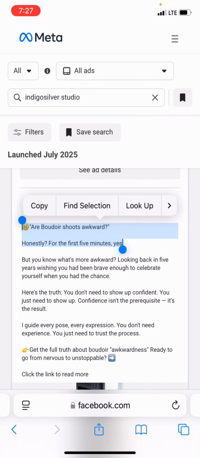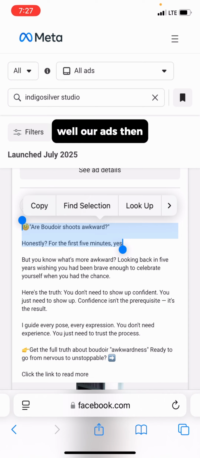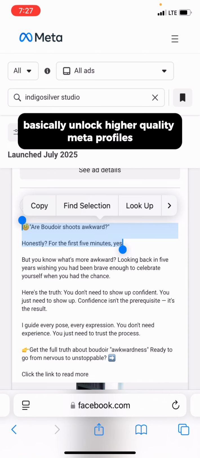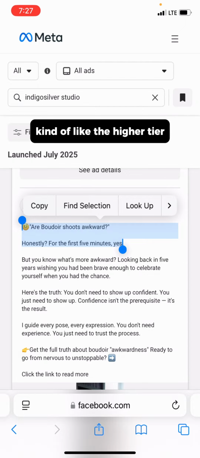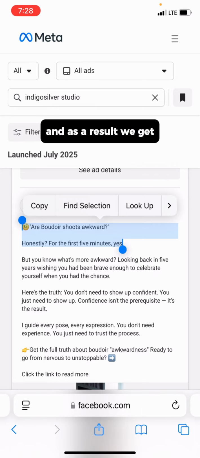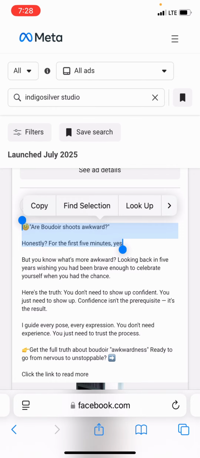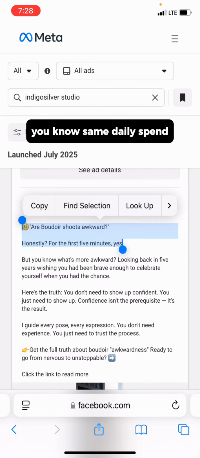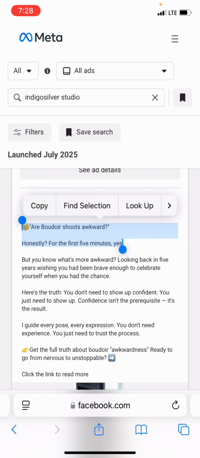Our ads then basically unlock higher quality Meta profiles, kind of like the higher tier 2. And as a result, we pay the same ad spend, but we get better results. Our same daily spend, but we're getting better results.